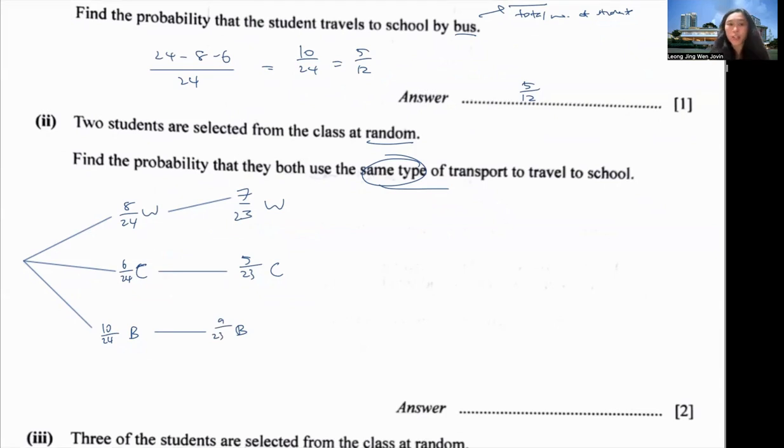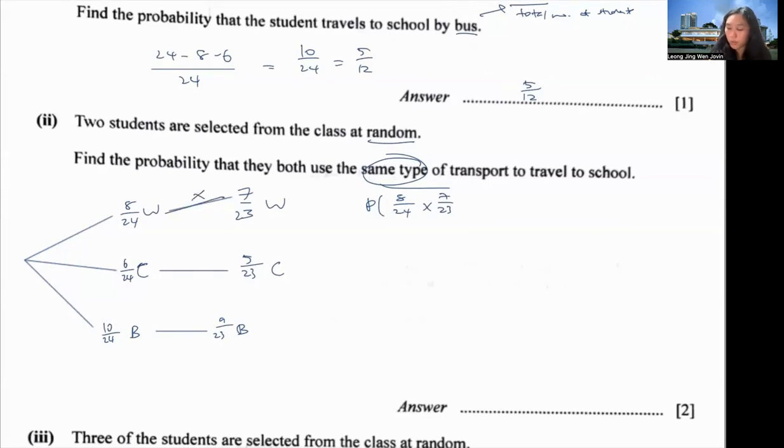Okay, so how to find the probability of this whole thing altogether? I will need to find 8 over 24 multiplied by 7 over 23, because I'm going into the node, right? If I'm going into it, I need to multiply.